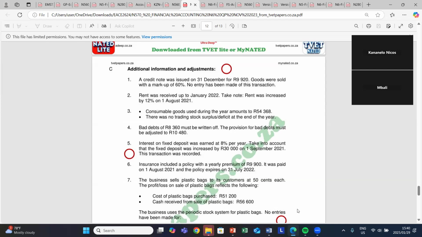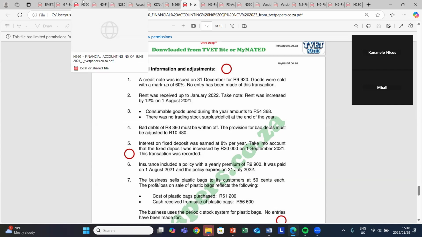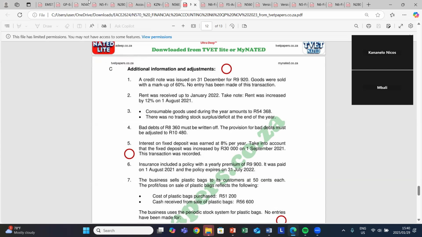You have to calculate interest before an increase and also after an increase. This one, let's just attempt it individually, and after 2 minutes we'll cast our answers. If you want me to scroll up in your trial balance so that you can see your fixed deposit amount, just notify me.